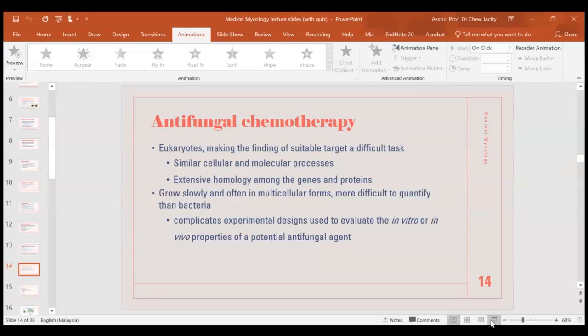And because of the slow growth and often multicellular form, it can also complicate the experimental designs used to evaluate the in vitro or in vivo properties of potential antifungal agents. The reason being, being eukaryotic and having slow growth in multicellular form makes it more difficult, and there is less antifungal medication available today.